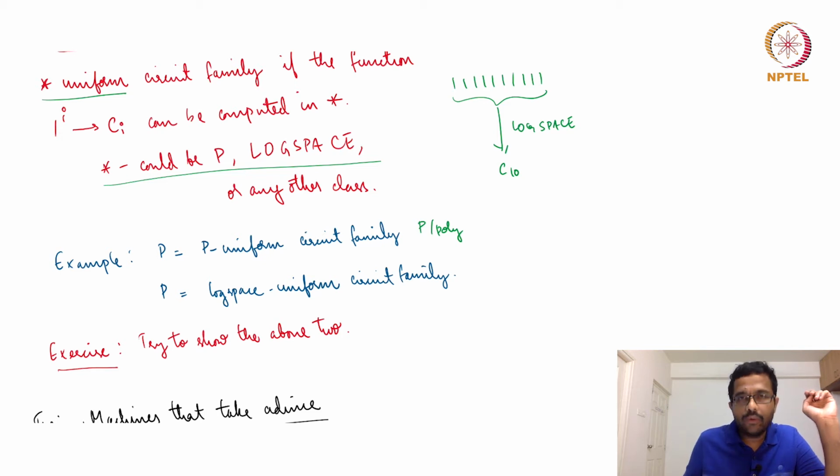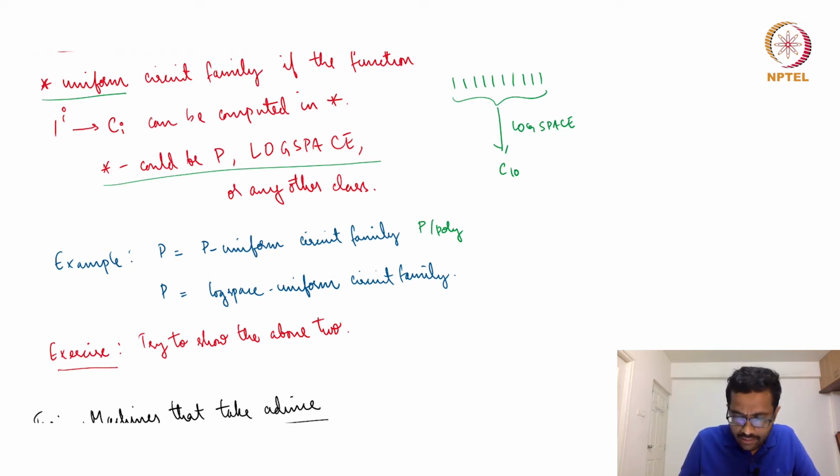This happens to be equal to P. Why is that? We have already seen that P is contained in P by poly, and that still holds for P uniform P by poly. To show the other containment, you could use a polynomial time machine to generate the circuit description and also to evaluate the circuit. So P is equal to P uniform P by poly.